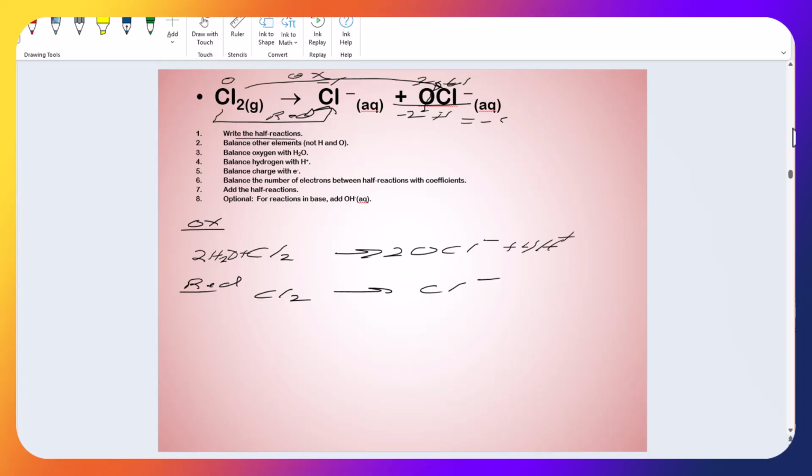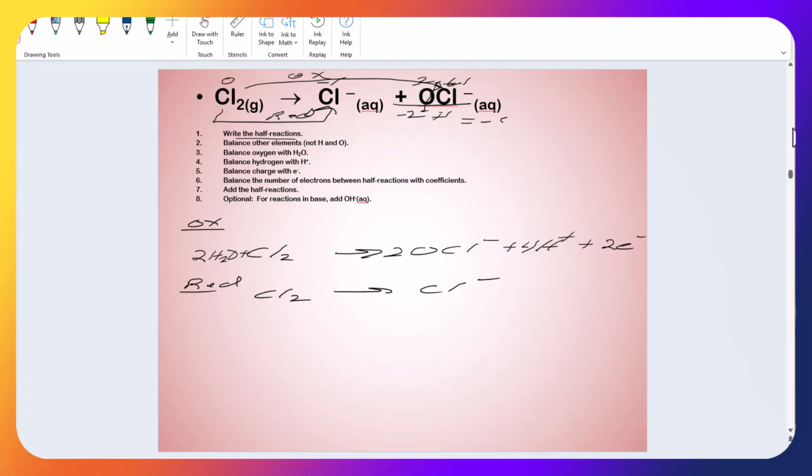We know that the electrons have to go on the product side. I have 0 net charge on the reactant side, 2 negatives plus 4 pluses. That gives me a 2 plus excess, so I'm going to add 2 negative charges. 2 negatives plus 2 negatives is 4 negatives plus 4 pluses is 0, which is the same as the reactant side.